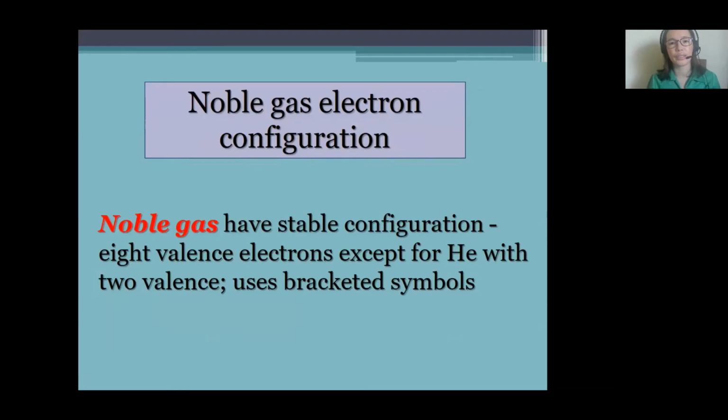Because they have a stable configuration. They have 8 outermost valence electrons, of course with the exception of the element helium. And when we represent an element using noble gas electron configuration, it makes use of a bracketed symbol. So the noble gas is enclosed in brackets.